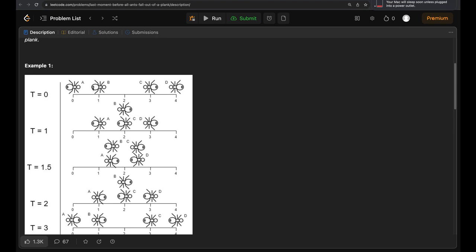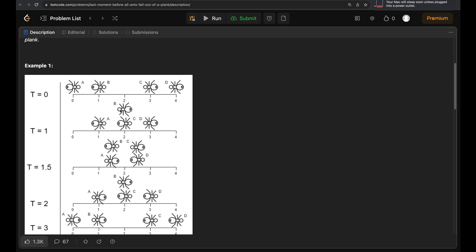The only thing which matters to us is one ant changed its direction and the other as well. They were moving in opposite directions, east to west and west to east. They have moved east to west and west to east. That's the only case.